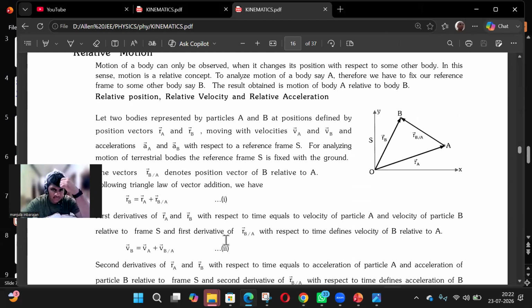Any other question? That was it. Newton's laws of motion. They have taken laws of motion till Newton's third law.